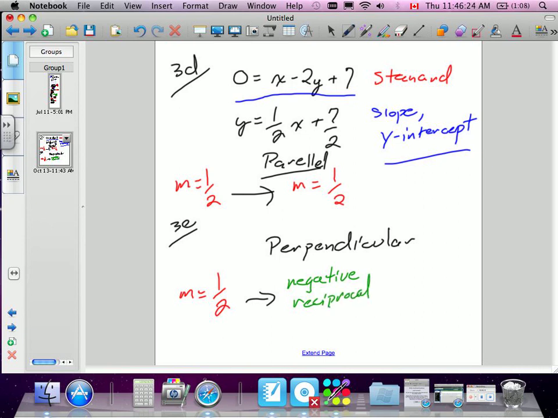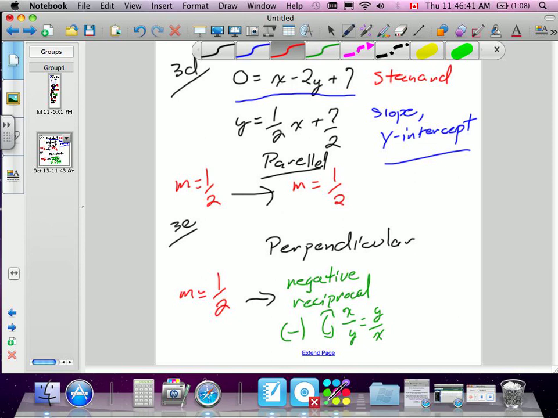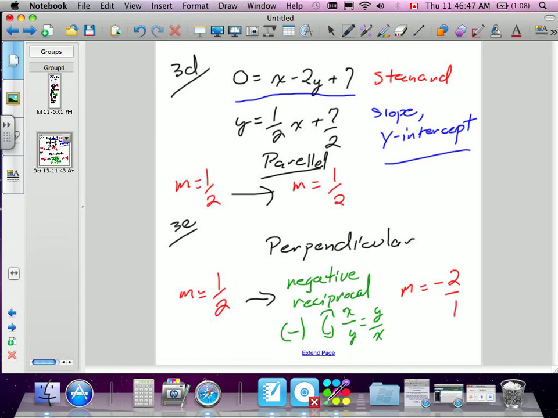What that means is I put a negative in front of the term and I flip the fraction, whatever it is. Okay, so we'll call it x and y becomes y over x. Okay, so in this case, our 1 over 2, our new slope is negative 2 over 1. Our perpendicular slope would be negative 2 over 1.